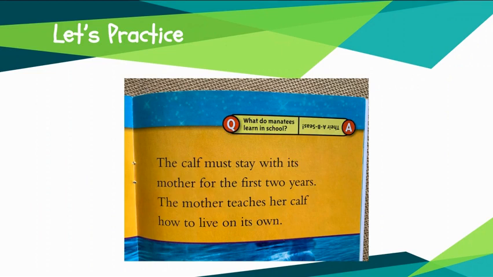So follow along as I read this paragraph. It says the calf must stay with its mother for the first 2 years. The mother teaches her calf how to live on its own. So if I'm thinking about the topic of this paragraph, it's really describing how a mother and a calf stay together.